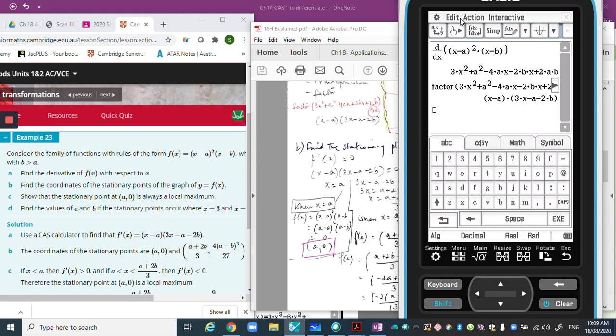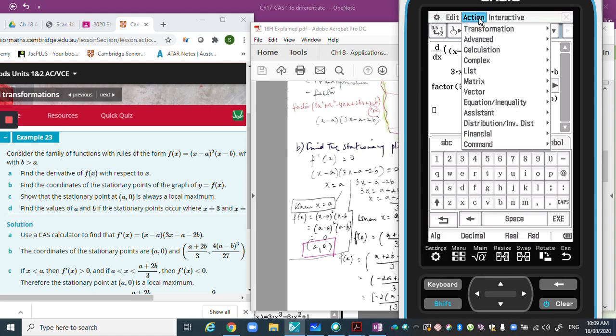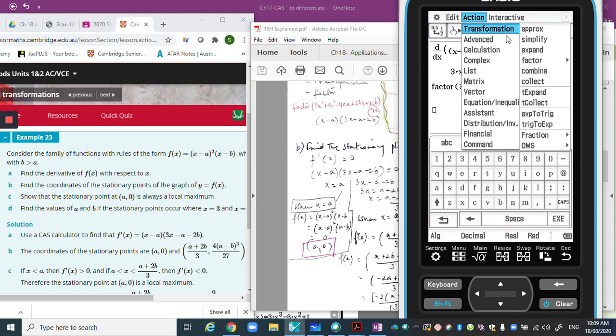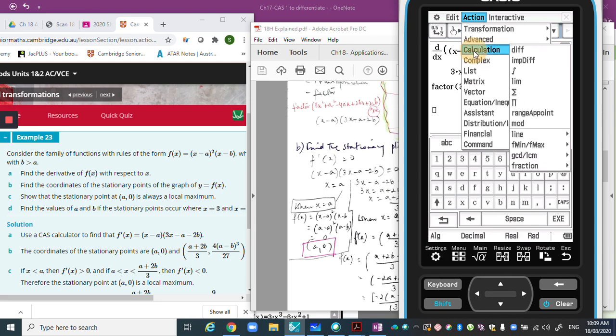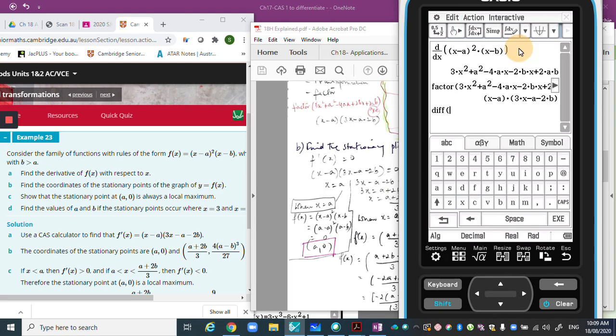Once I put it in, you go to action, transformation, calculation, differentiation, and then you type this in.